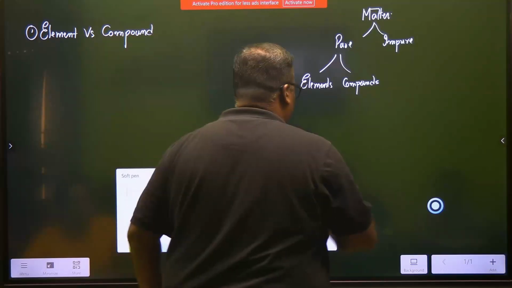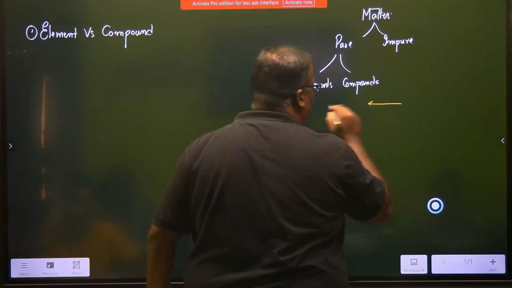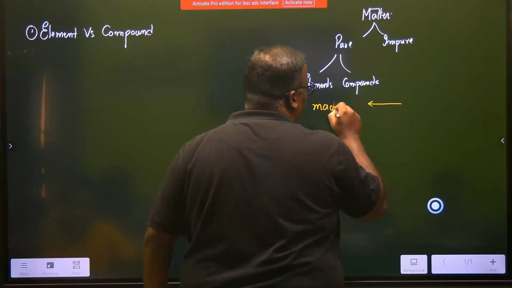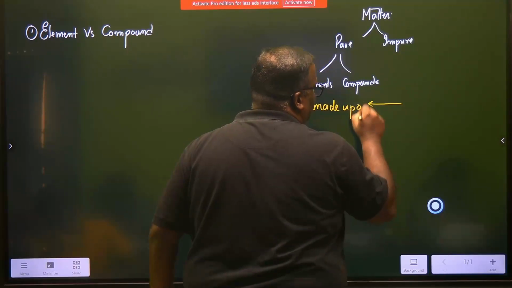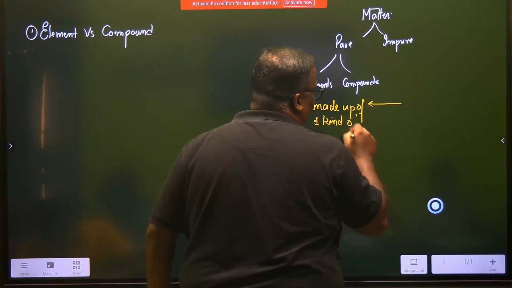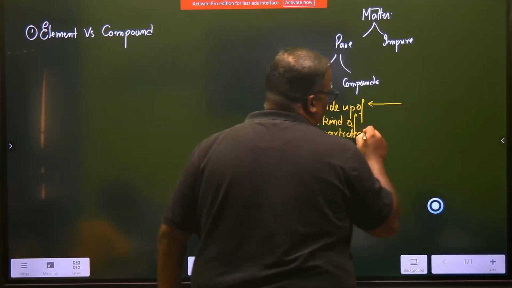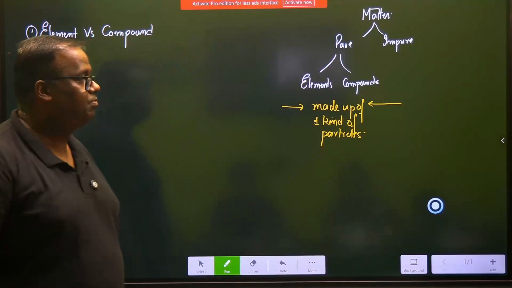In both these two things, something is common, that they are made up of one kind of particles. This is common for both, right?